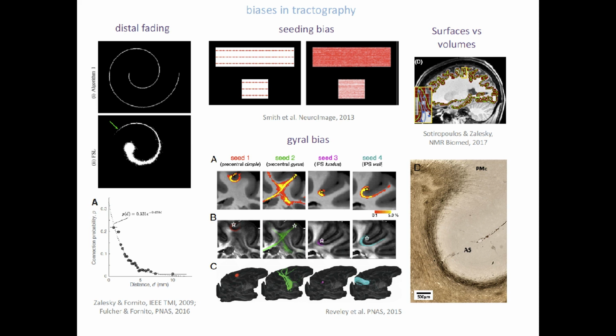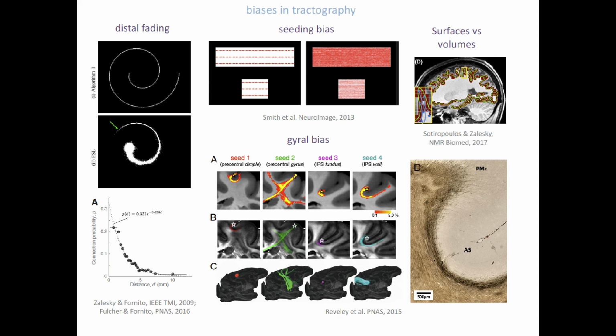More generally, there's a bias associated with whether you're seeding from the fundus of a sulcus or the crown of a gyrus. This is because you've got these U fibers that connect adjacent gyri, so they go across this way. All of these fibers that run parallel to the surface make it very hard for tractography algorithms to find a path that runs perpendicular into the grey matter.